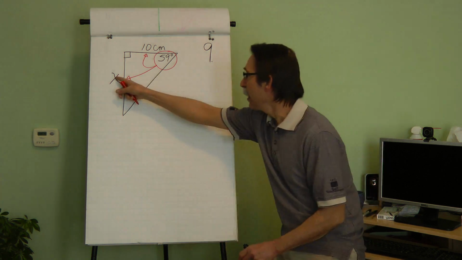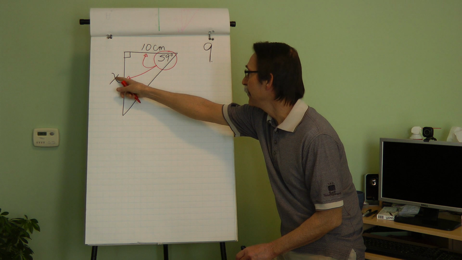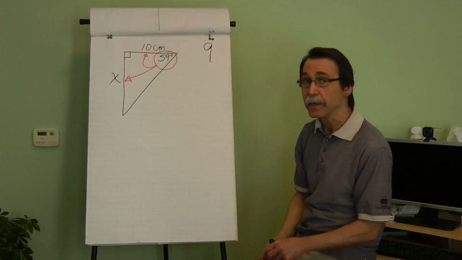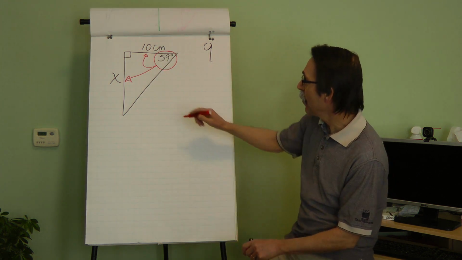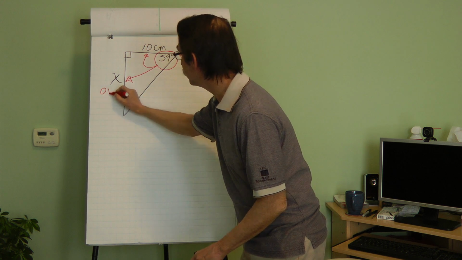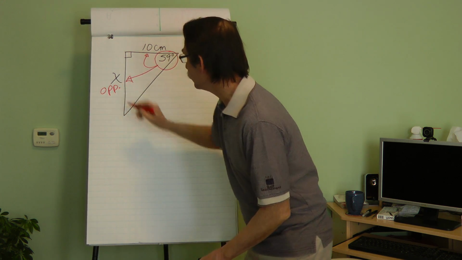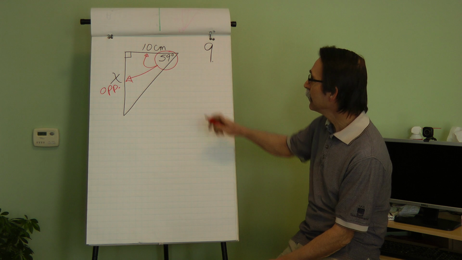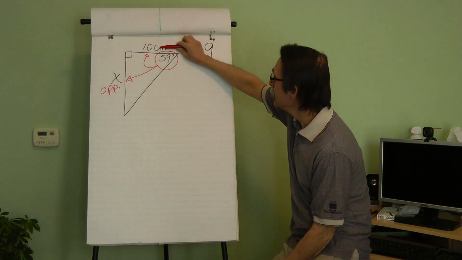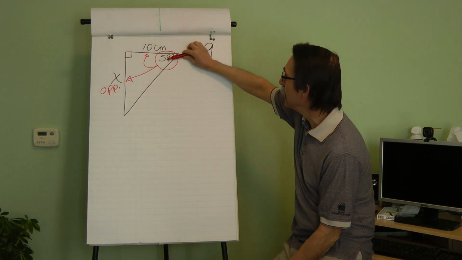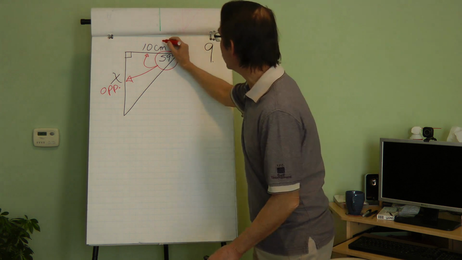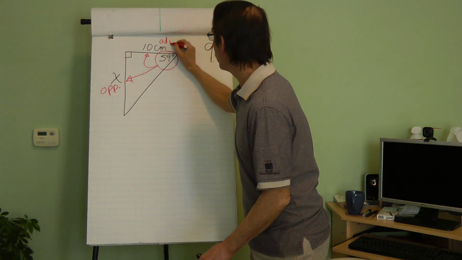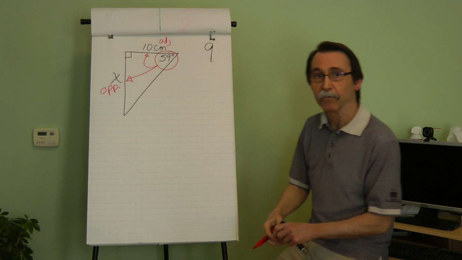So this x, what is that relative to the 59 degree angle? Well, it's the opposite. And what is the 10 relative to the 59 degrees? Well, it's the adjacent. Hopefully you can see that on the video.